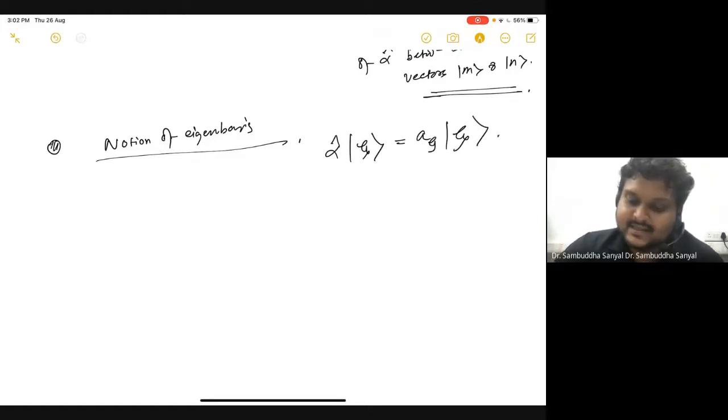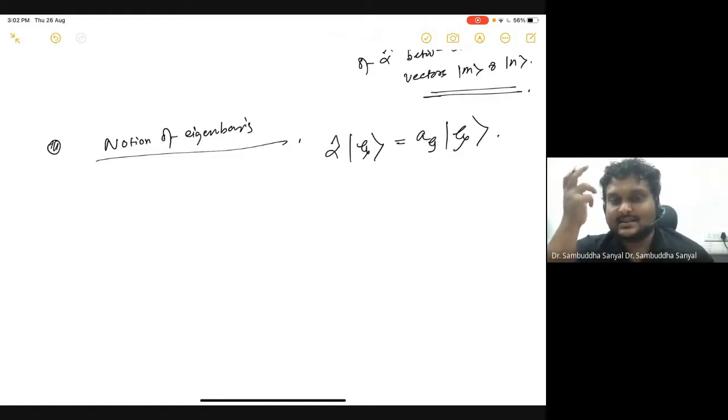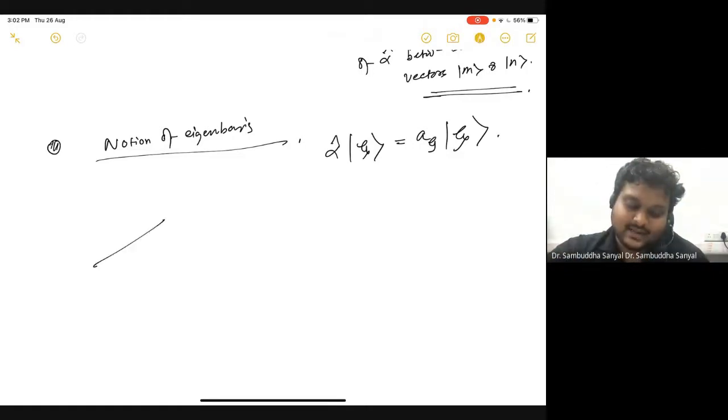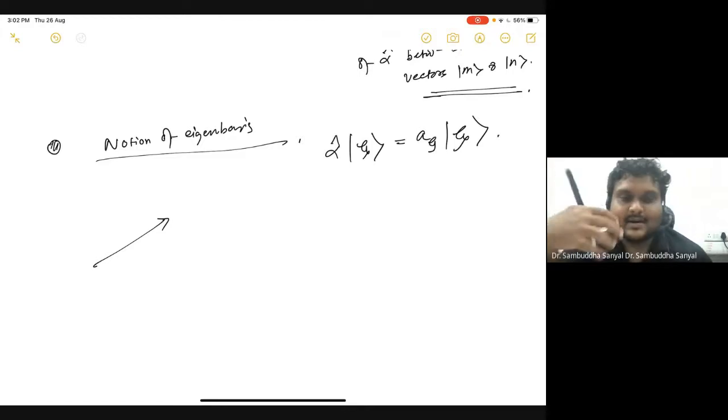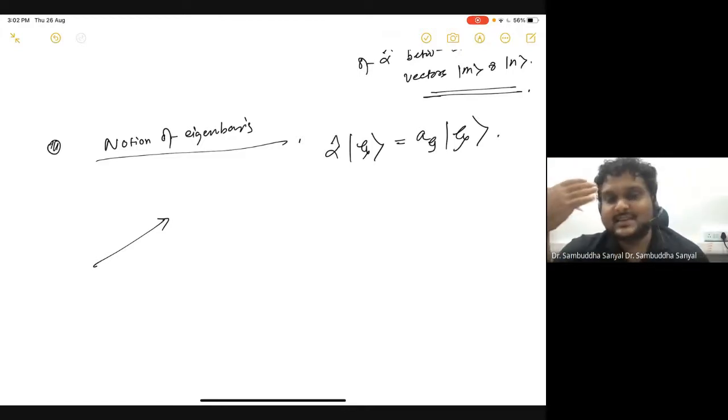Which means if you act the operator on these special vectors, you get the same vector with some number pre-multiplied. Imagine this in some abstract sense. I'm drawing an arrow, but that doesn't mean it is always an arrow, though we are familiar with thinking of a vector as an object which has a direction and magnitude.